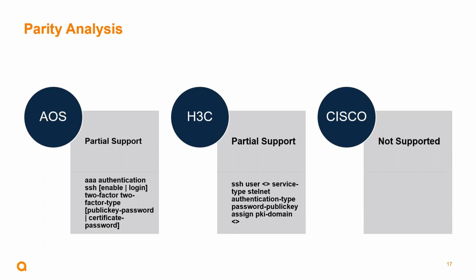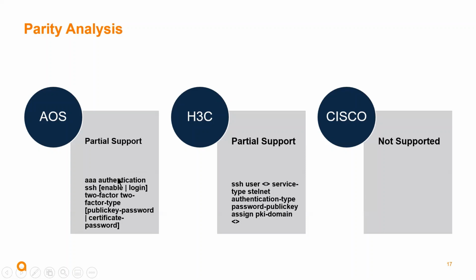The reason for partial support is that the way two-factor authentication works in these switches is different. Here one factor is public key and the other is password. The other combination is factor one as certificate and factor two as password. So there are two types of two-factor authentication options available.